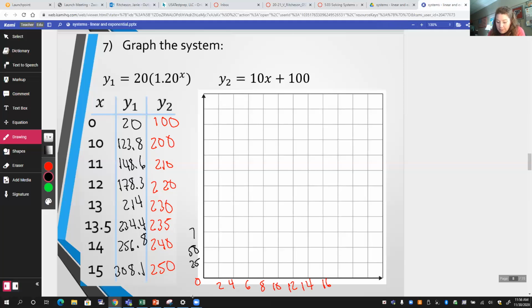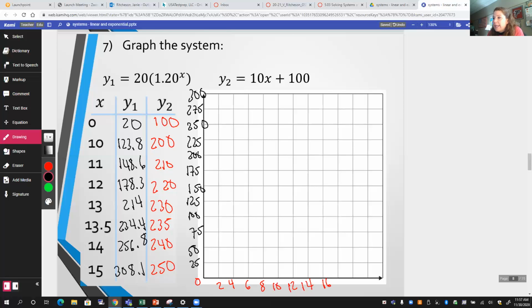So based on my numbers, I came up with counting by 25s on my y-axis: 175, 200, 225, 250, 275, and 300. All right, so let's do the black first.